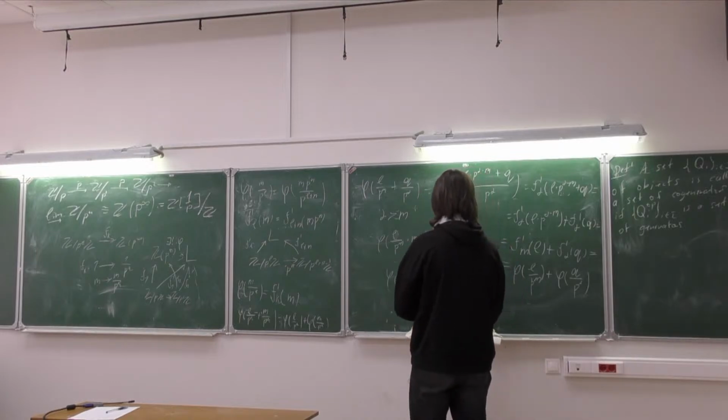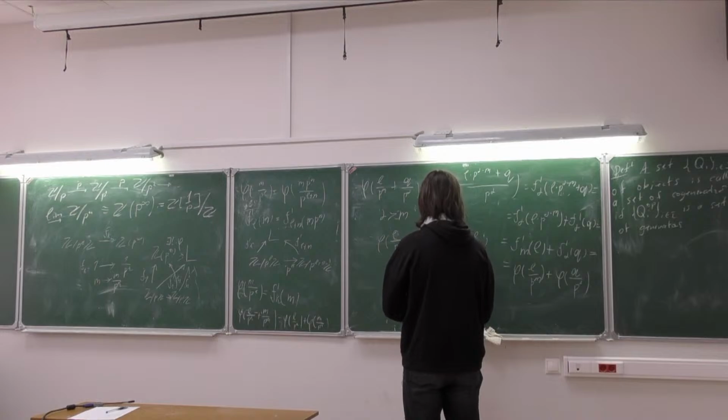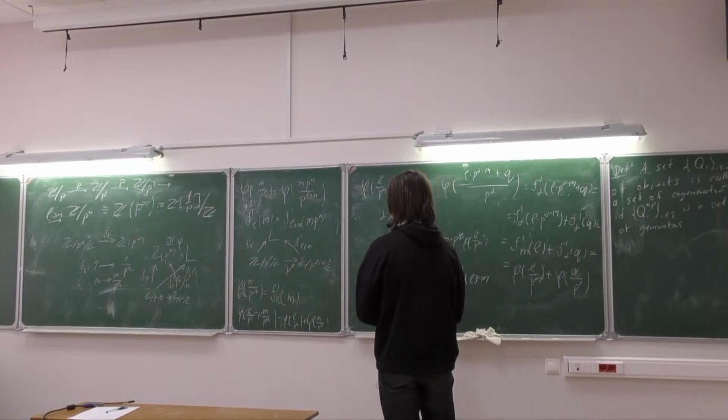So we checked that it is a group homomorphism, and we need to check that it commutes with all arrows and that it is unique.